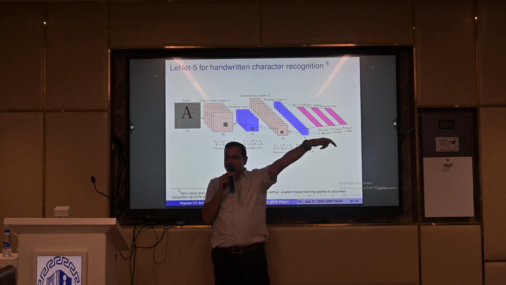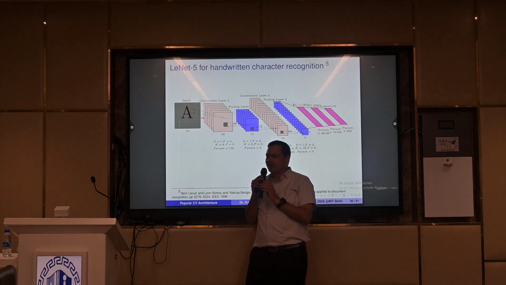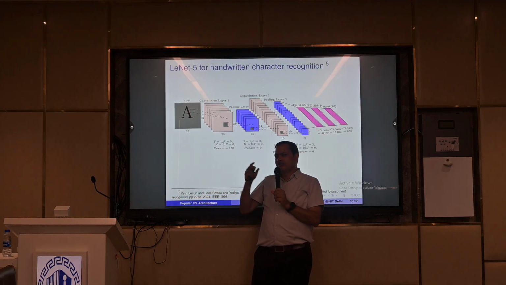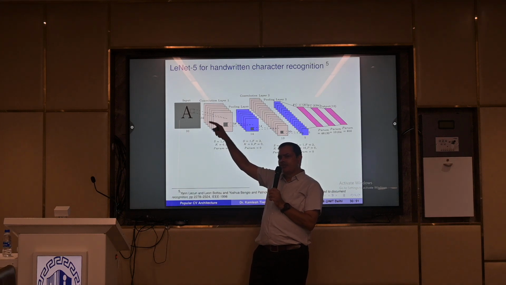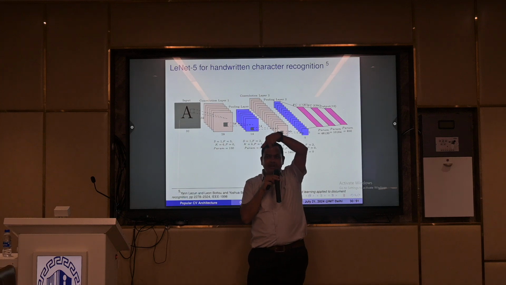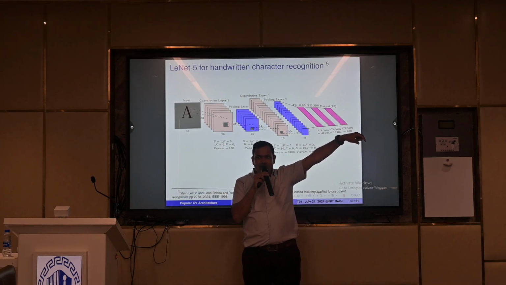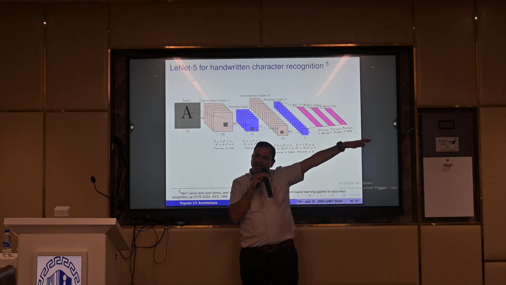So the new size is the original size minus filter size plus 1. F minus 1 values would not be available.